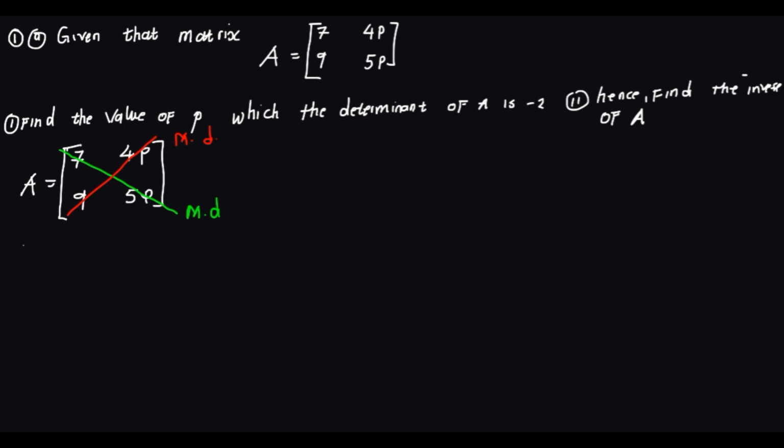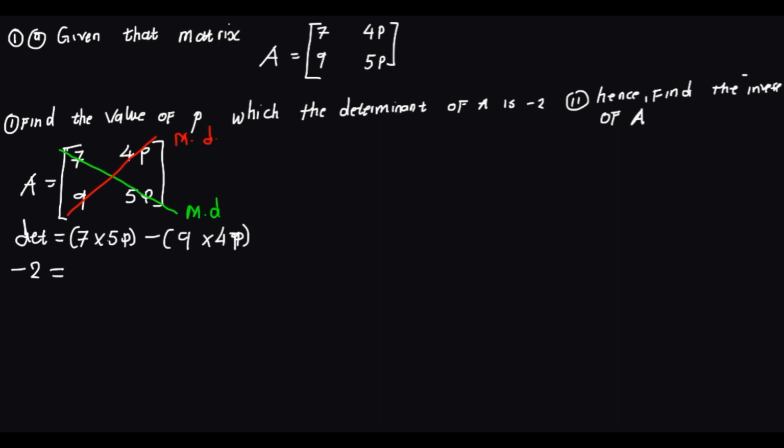Now the formula: the determinant can be found by finding the difference between the entries of the major diagonal and of the minor diagonal. So it is 7 multiplied by 5p minus 9 times 4p. Now the determinant given is negative 2.